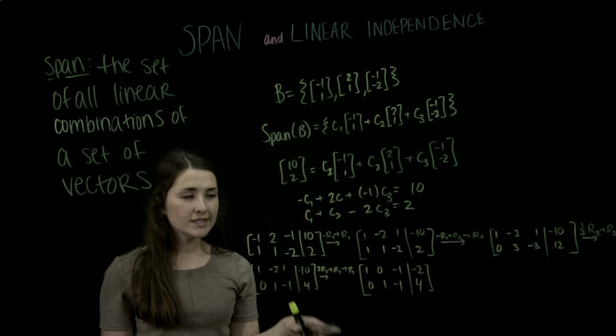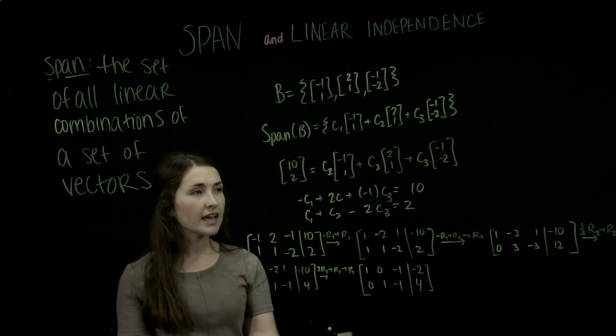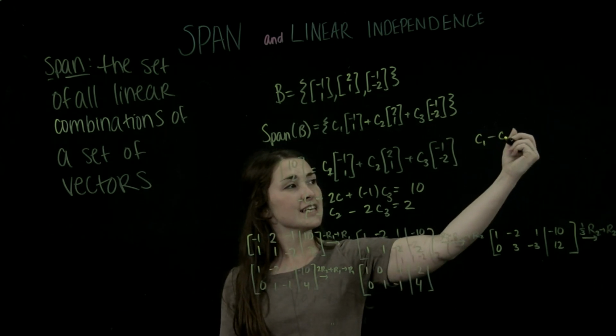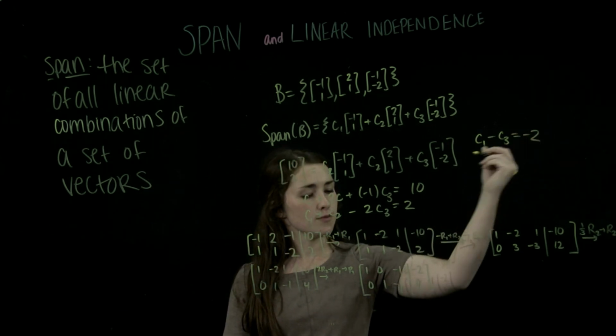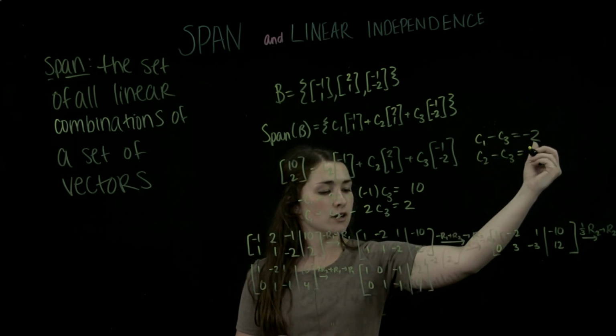So when we reduce it down to reduced row echelon form here, we will see that C1 minus C3 is equal to -2, and C2 minus C3 is equal to 4.